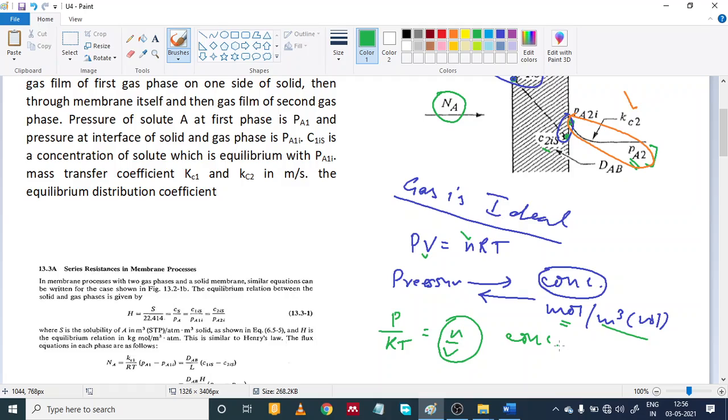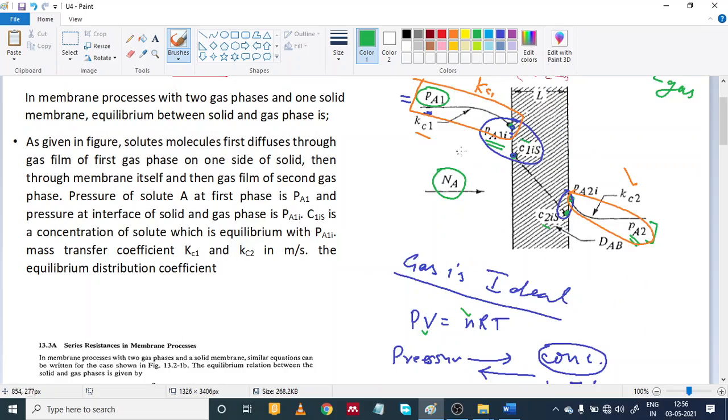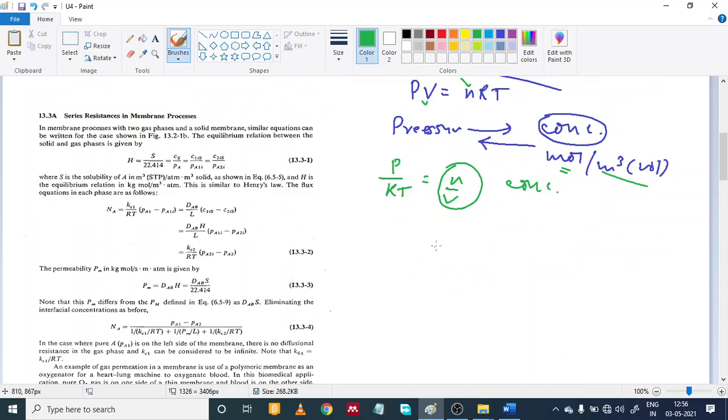Normally in the earlier mass transfer equation, in the diagram, this is represented by concentration. For example, if you remember, if this is a membrane, and this is PA1, and this is PA1I, there is a drop, and this is governed by KC1.